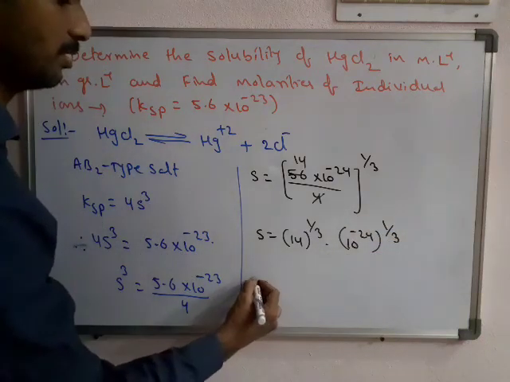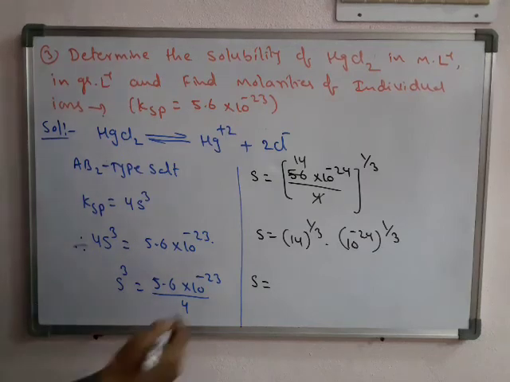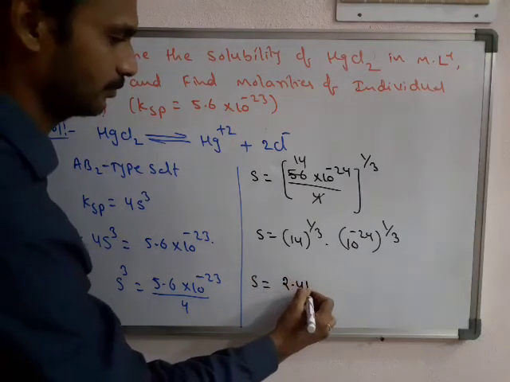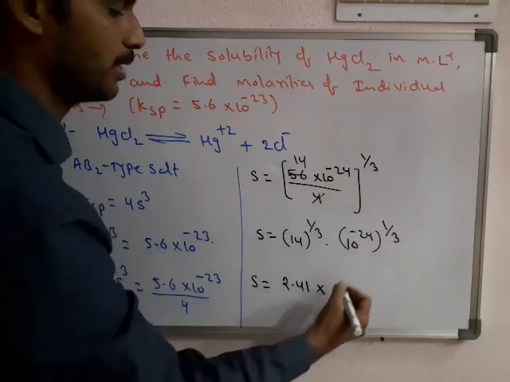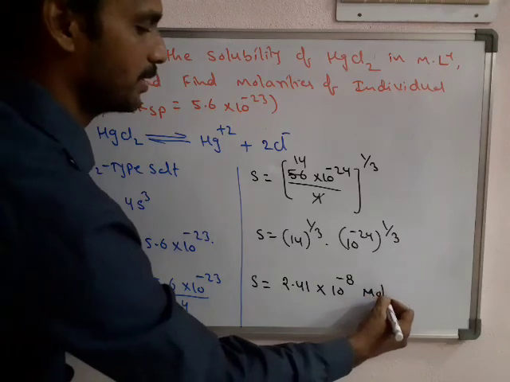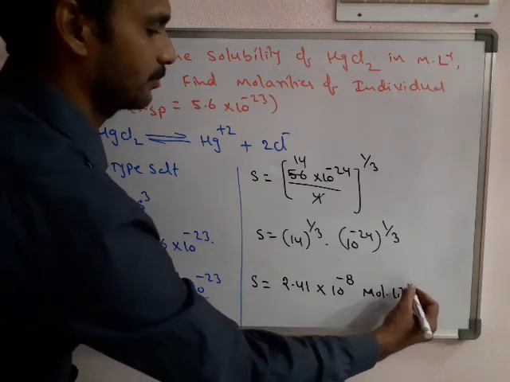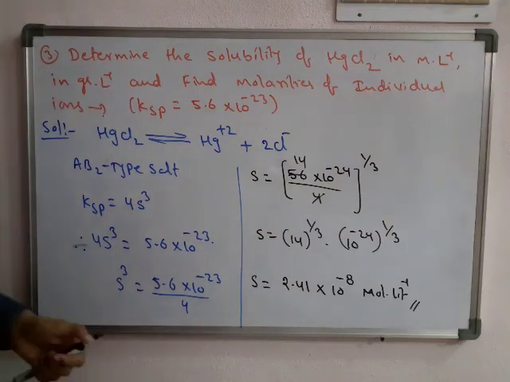Separately it is given that 14 whole power 1 by 3 is 2.41, and 10 power minus 24 to the 1 by 3 simply becomes 10 power minus 8. So this is the solubility in terms of moles per liter, 2.41 into 10 power minus 8.